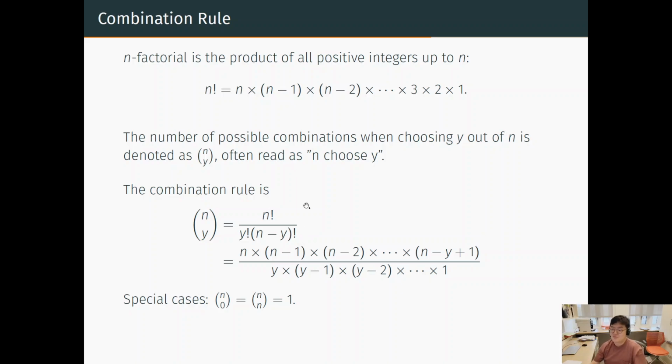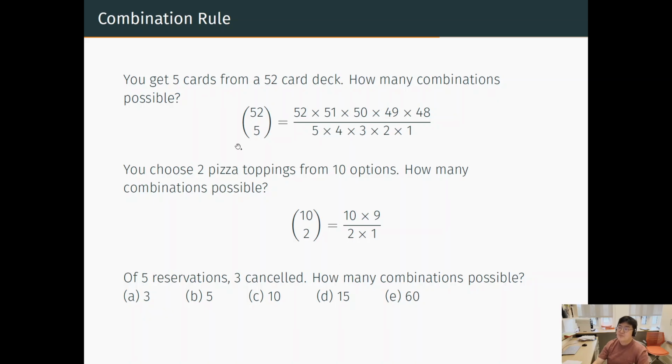That's the formula. And some special cases: when there is no success or no failure, it's simply 1. When there is no failure, there is only one possible case. Everyone cancels. If everything is canceled, that is only one scenario. You don't need to know who canceled and who not. Just one possible case.